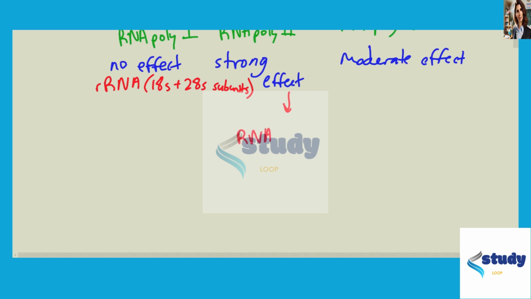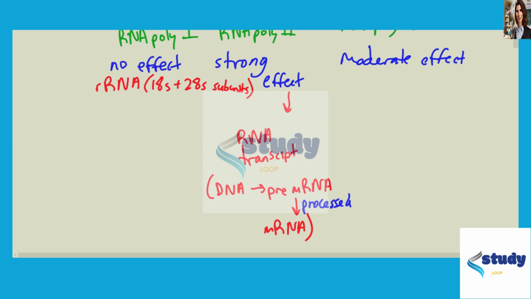It will take our DNA and convert it into pre-mRNA, which then is going to be processed. And finally, we get our processed RNA, mRNA, at the end. So that's the flow of events for RNA polymerase 2. This is the pre-mRNA produced from RNA polymerase 2, and alpha-amanitin has a strong effect on it.